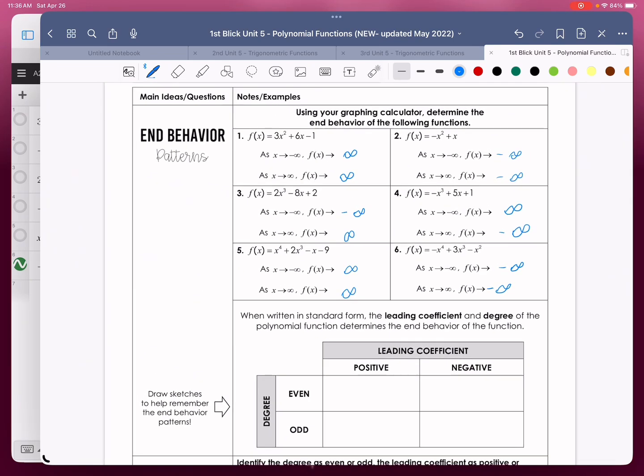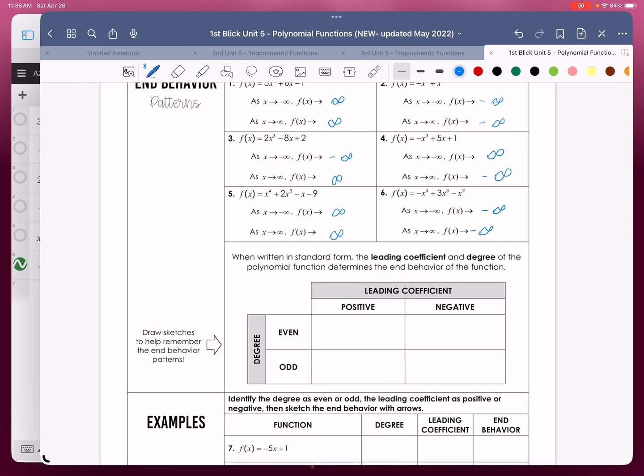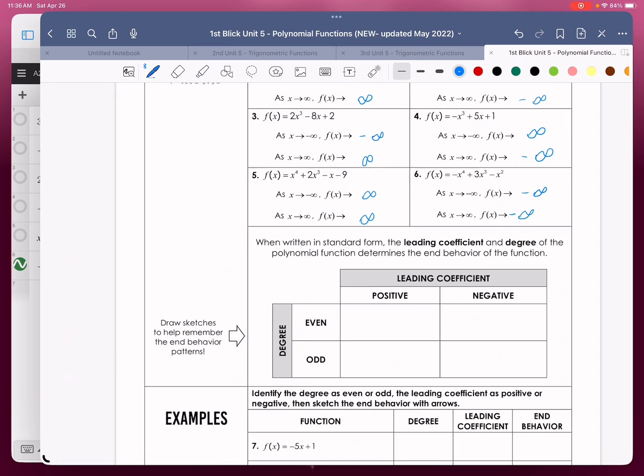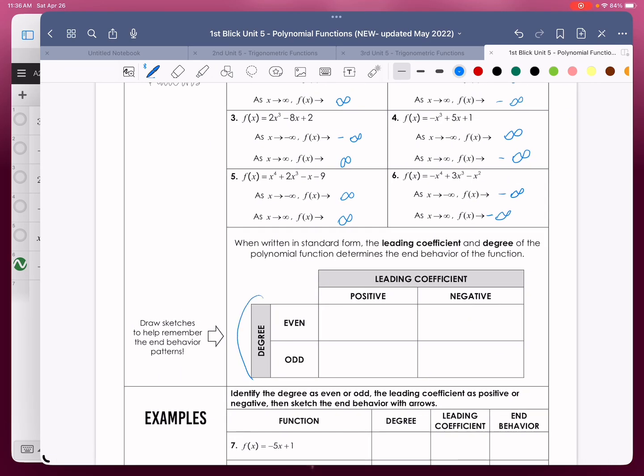Now that we have all that figured out, let's draw some conclusions into this chart down here. There are 2 things that are going to determine your end behavior, and that is the degree of your polynomial, so that's your highest exponent, and whether your leading coefficient is positive or negative.